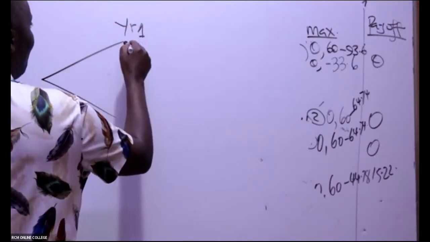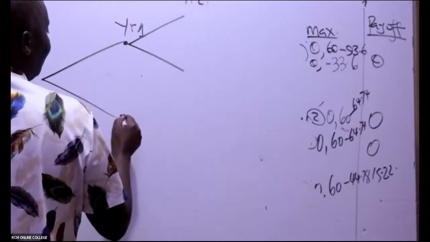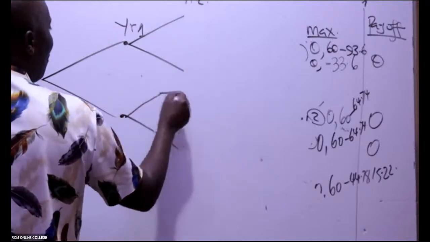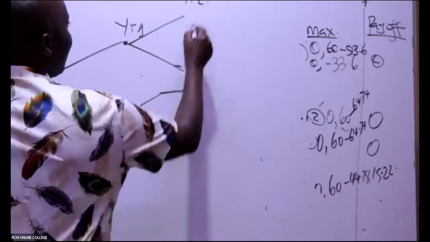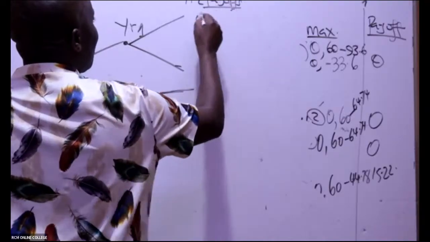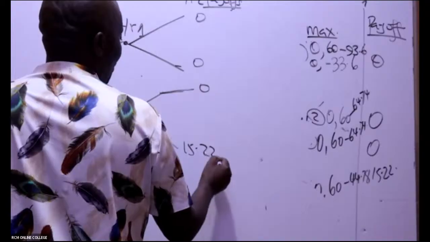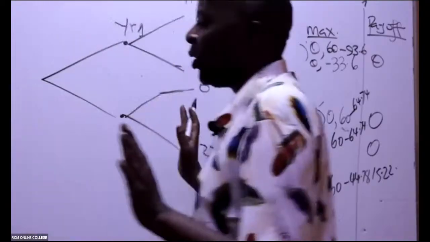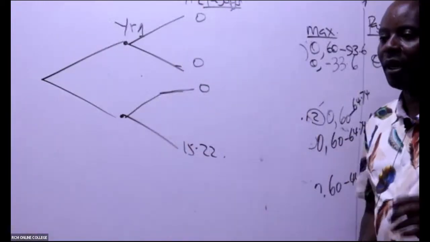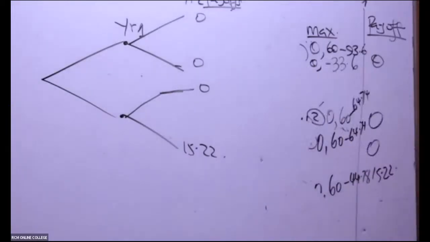Then from year 1, we have year 2. Only payoffs. So payoffs 0, 0, 0, and then we have 15.22.